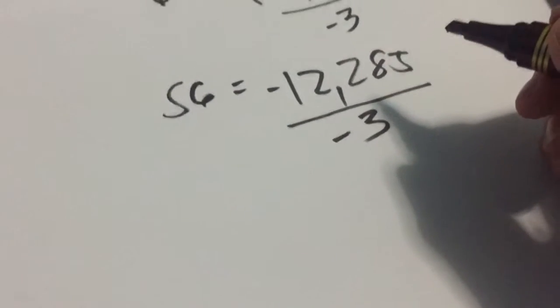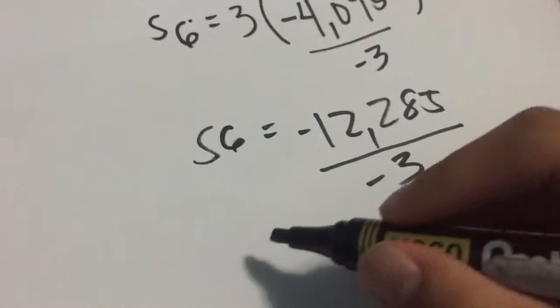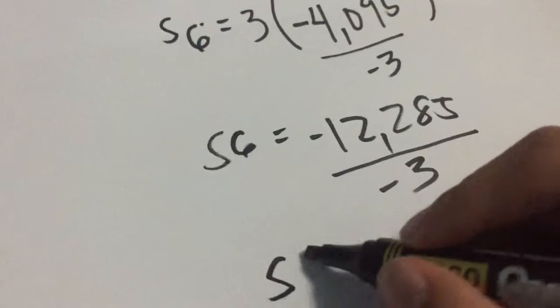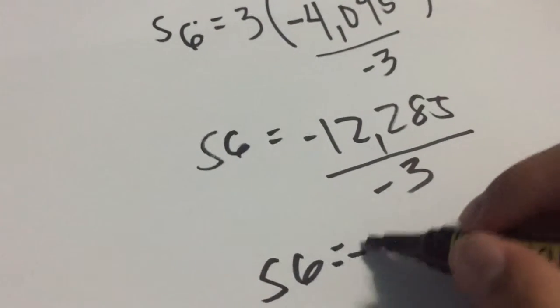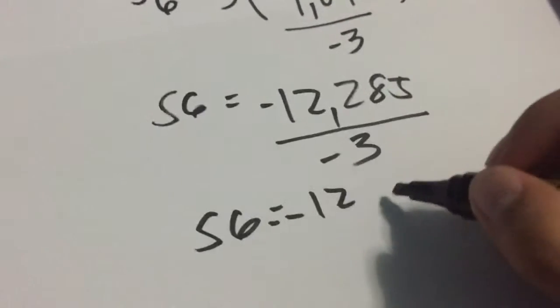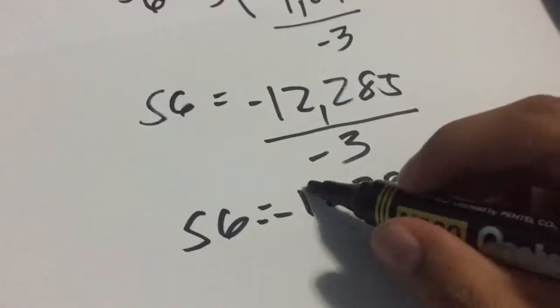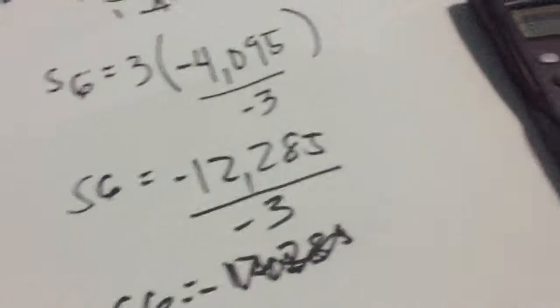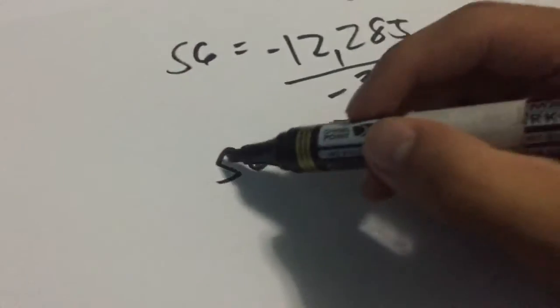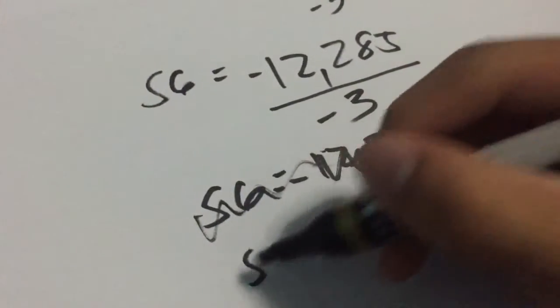So we are left up here with the negative 3, so we are going to divide this again using our calculator.